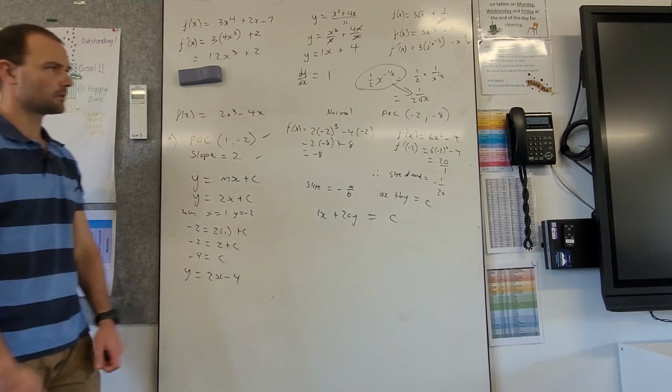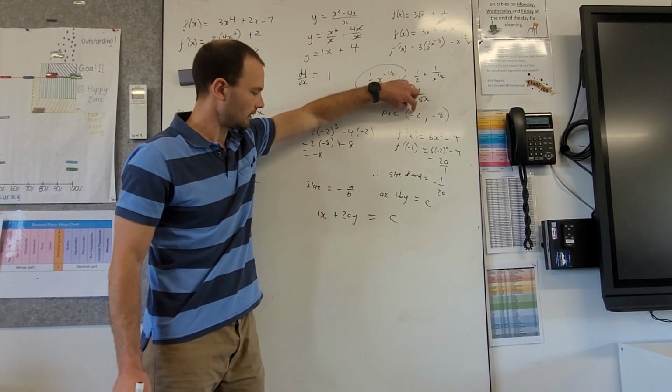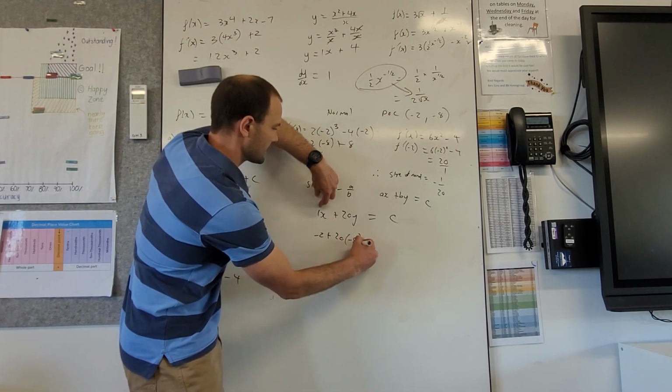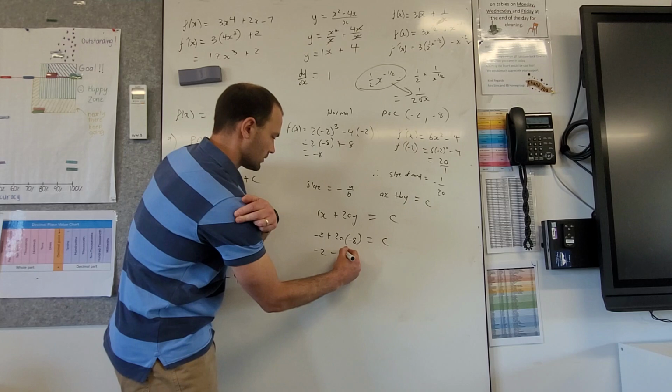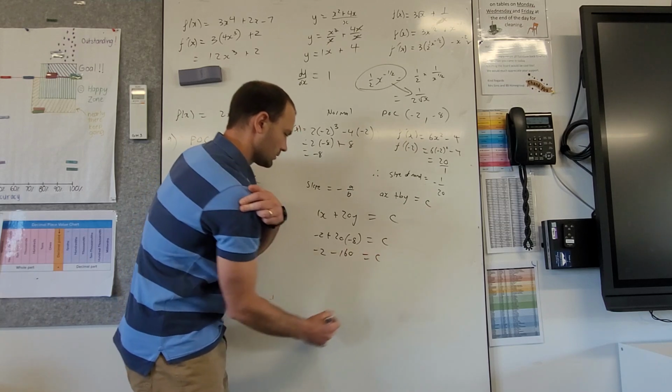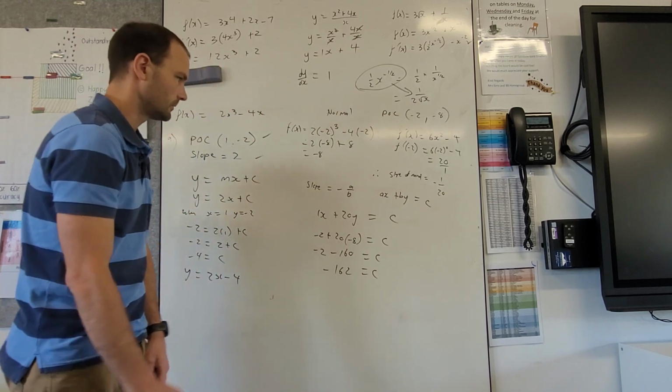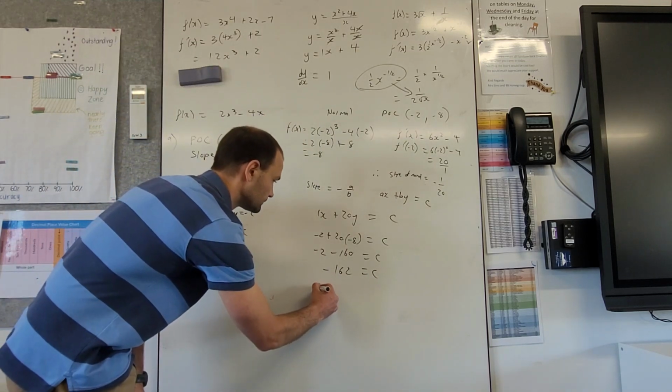Plug in the point of contact. The x value is minus 2. The y value is minus 8. And just process.